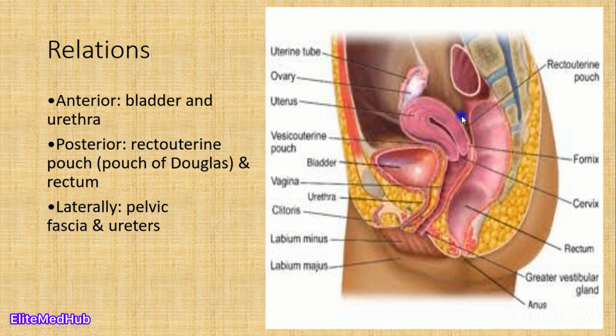You can see the rectouterine pouch of Douglas here, and you can see the rectum, which are both posterior to the vagina. Then laterally, you expect to see the pelvic fascia and the ureters. We don't have a good image right here to show us the relationship of the vagina laterally with the pelvic organs, but you should expect to see the pelvic fascia and the ureters laterally to the vagina.